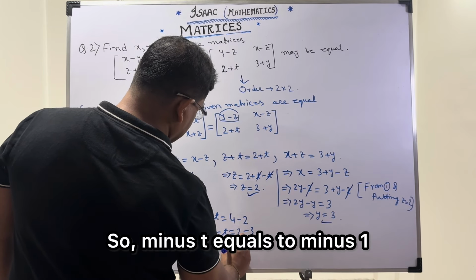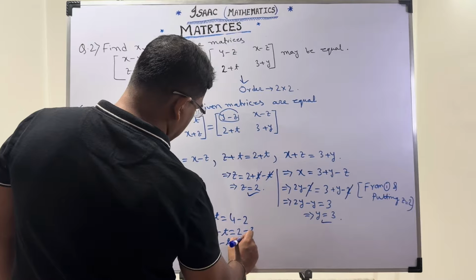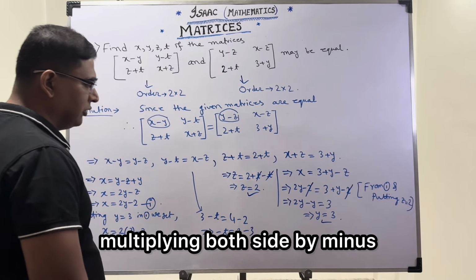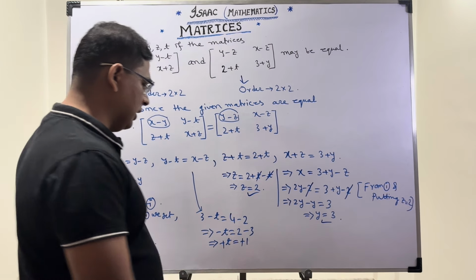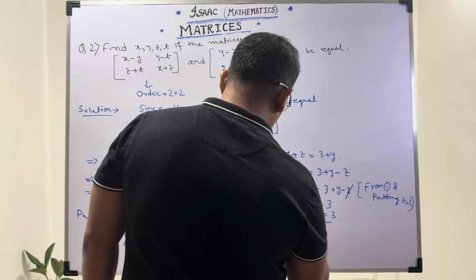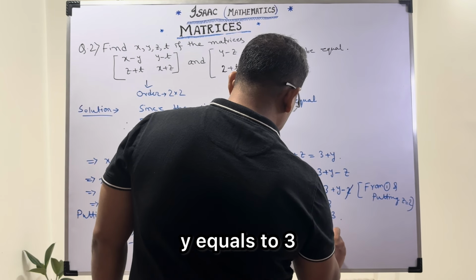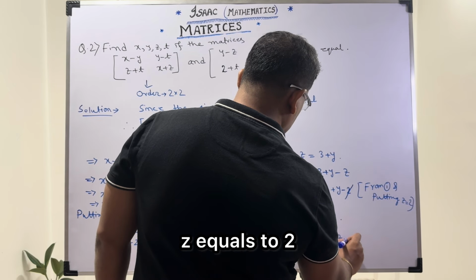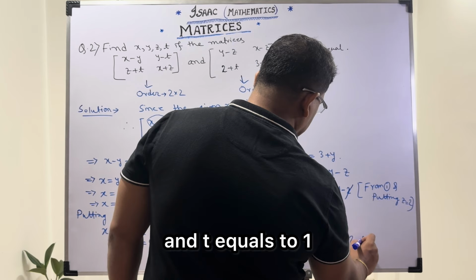So minus t equals minus 1. Multiplying both sides by minus, we get t equals 1. So therefore x is equal to 4, y equals 3, z equals 2, and t equals 1.